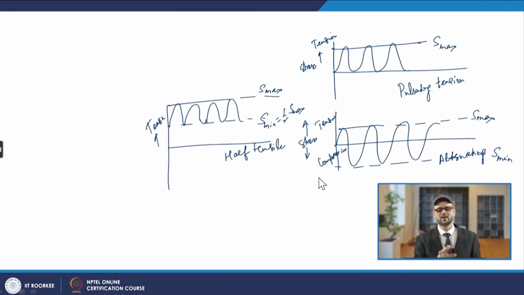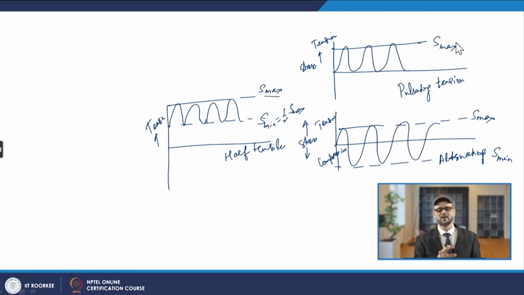Okay. There are different kinds of cyclic stresses that may be present. If it is only tensile stresses, that means everything is happening in tension. Or we can have another configuration with tension, compression, tension, compression, like this way. Or we can have some residual tension that we call a half tension region. So we can have cyclic loading from that. Here we have S min and S max.